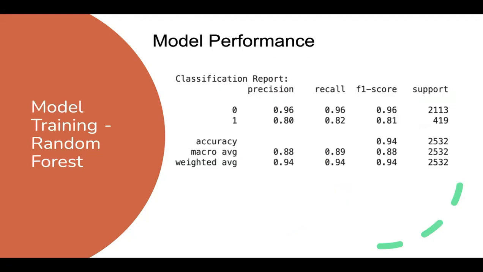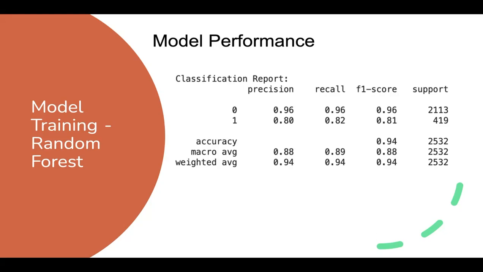Finally, the classification report. We have an overall accuracy of 94%, which is a strong indicator of the model's ability to identify the churning customers. Breaking down the report further, we see a precision of 96% for existing customers and 80% for churning customers.